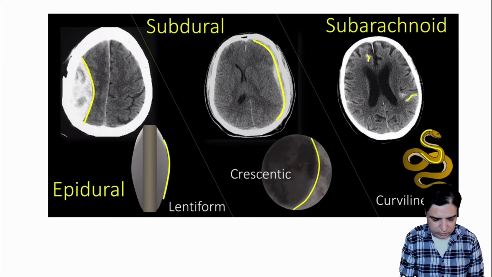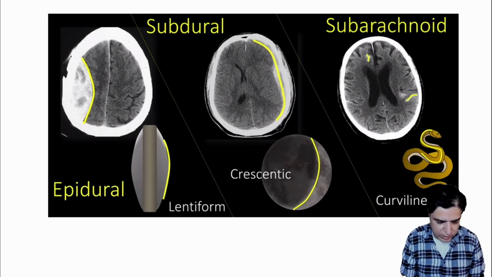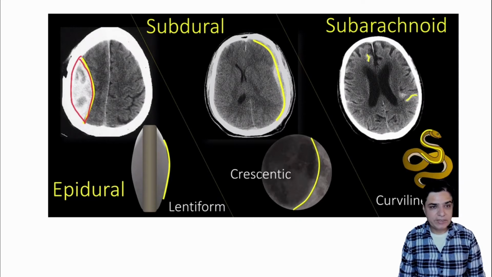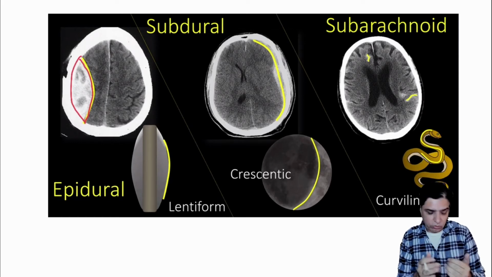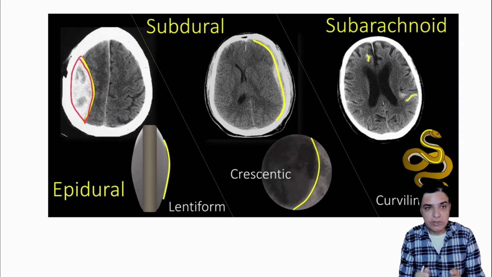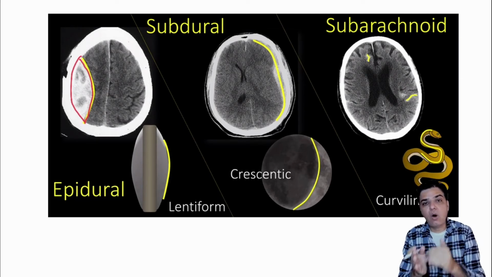So if you look over here on the left side, this is the bone, the inner part of the cranial vault, and if you see, there's a biconvex, hyperdense, intense white signal, which I told you in most cases signifies a bleed on CT brain. Because it's biconvex, it simply means that it is sitting on top of the dura.